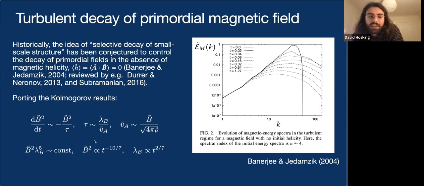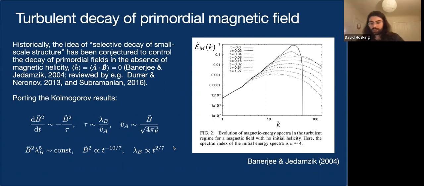That's the Alfvénic time scale, which is the correlation scale of the magnetic field divided by the Alfvén speed, which is the typical speed to which the magnetic field wants to accelerate a flow, given by b over square root of 4 pi times density. And again, assuming that b squared lambda to the 5 is constant, a scaling law that would follow from the preservation of a k to the 4 spectral asymptote, one finds that b squared has to go like t to the minus 10/7, lambda has to go like t to the 2/7.